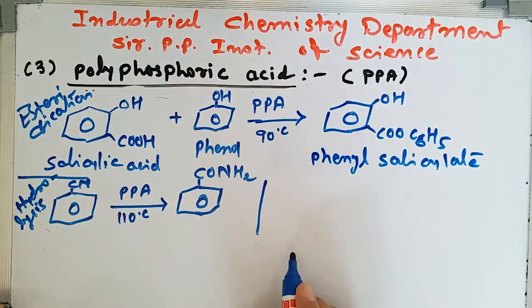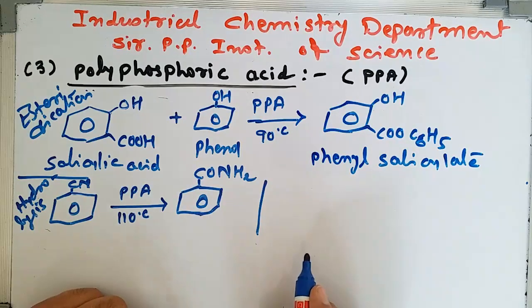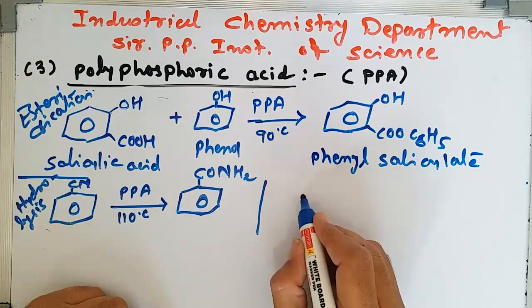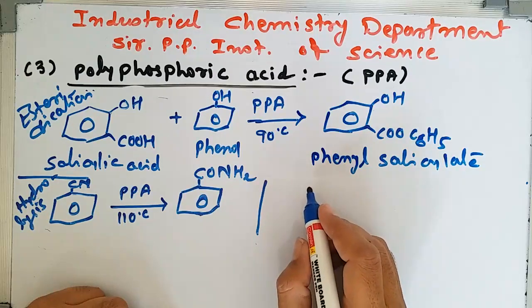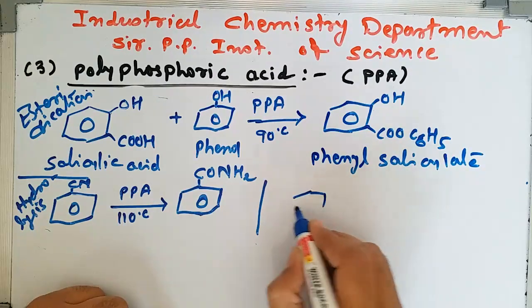We also see conversion of acid to amine. Some different types of aromatic acids are converted into amines.